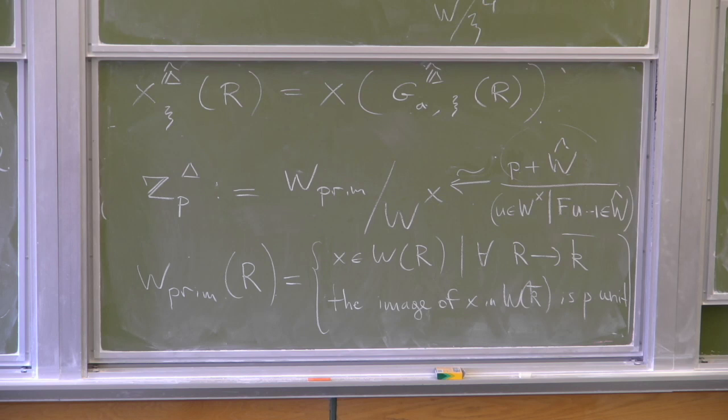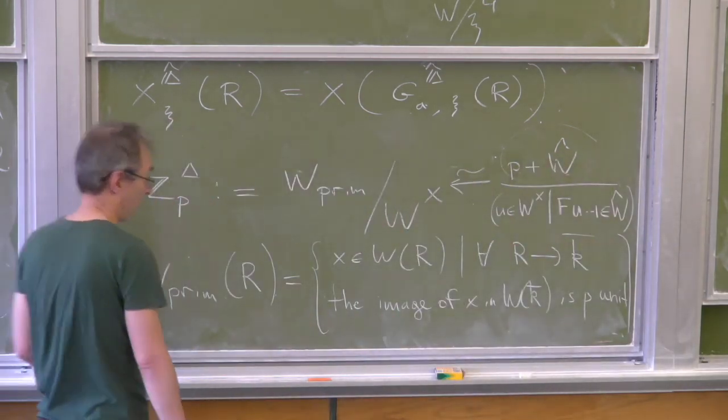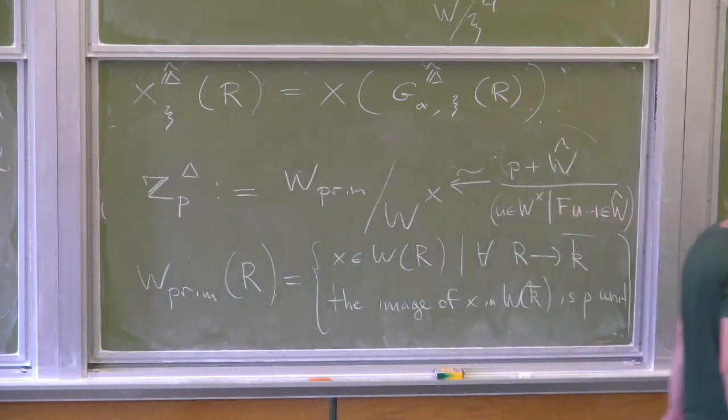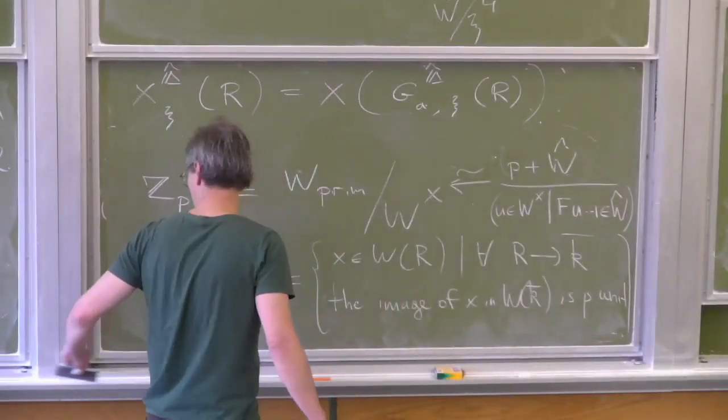So that's the Frobenius map for the sheared prismatization of the point, and I claim that everything can be defined for any scheme.